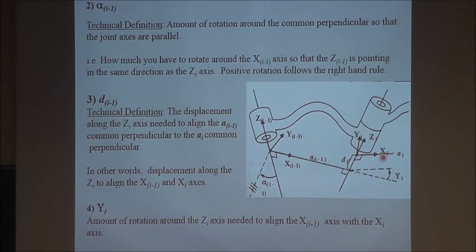Then you rotate to align it together. The distance that you have to move that point further along the z_i axis, a distance of d_i, which is right here, so that it will become perpendicular to the next common normal between joint i and i plus 1.